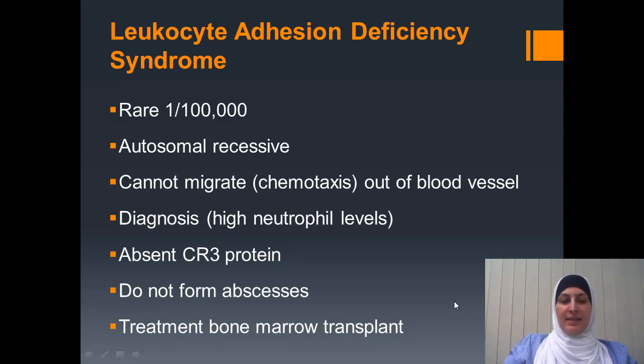To appreciate the importance of the neutrophils in the immune reaction, we'll talk about this condition, the leukocyte adhesion deficiency syndrome. This is a rare condition. It happens in 1 in 100,000 persons. It's an autosomal recessive condition. The problem with this disease is that there is an absence of one of the complement receptor proteins.